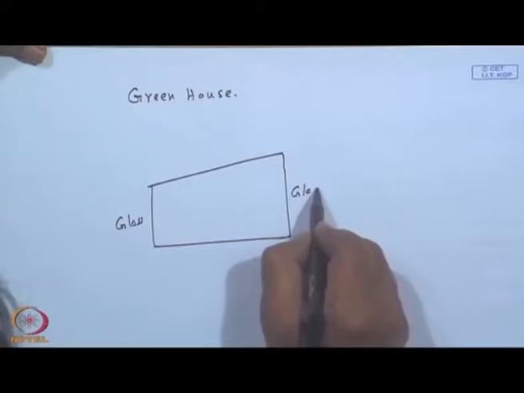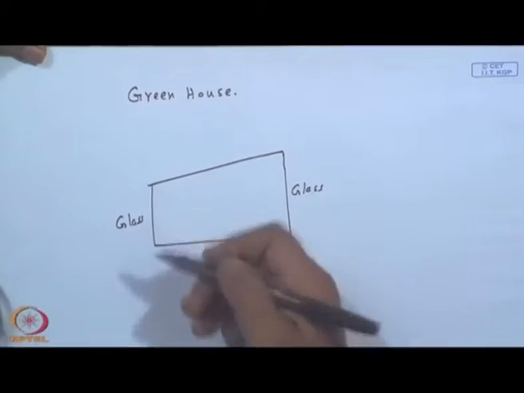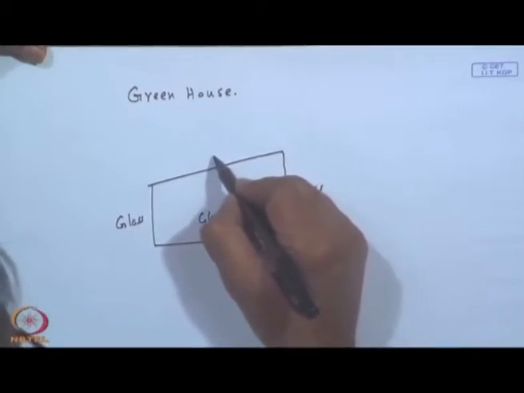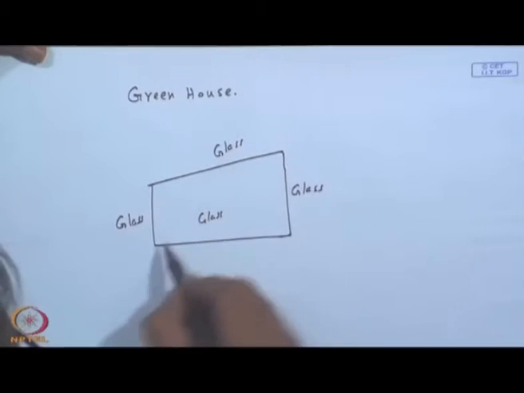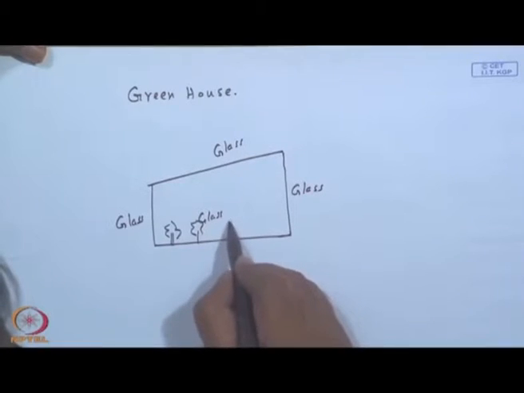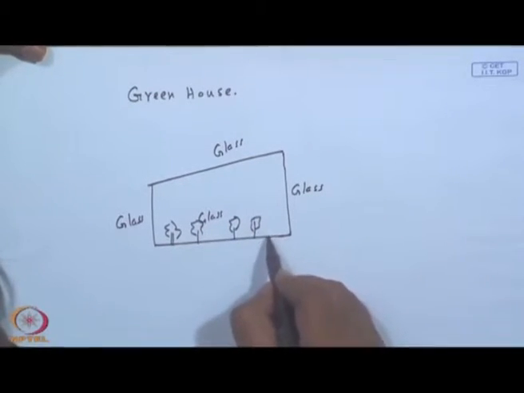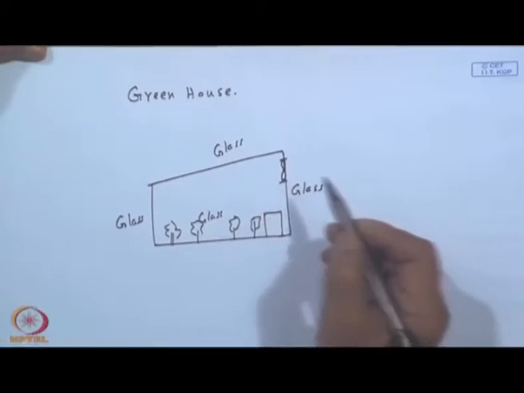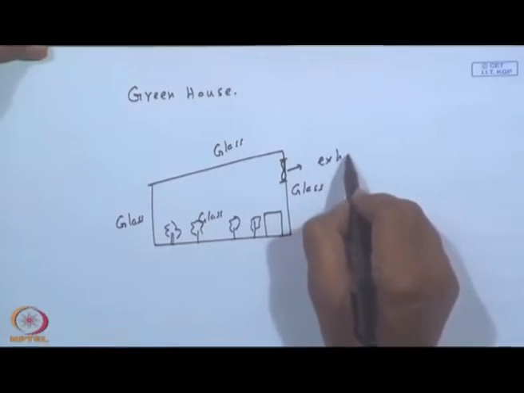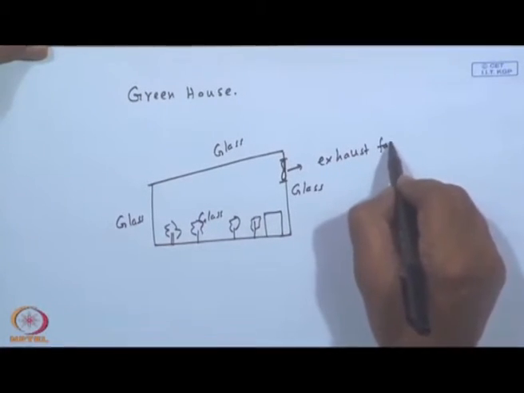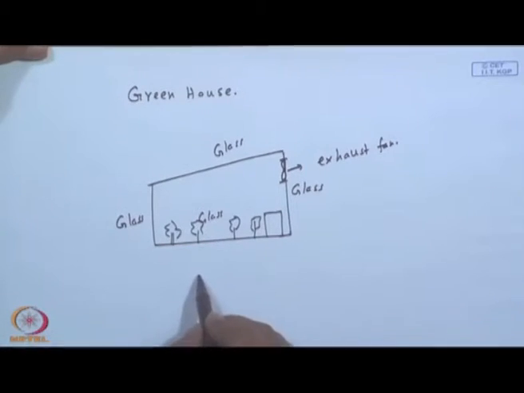This could be glass, and this again is glass, the back side also is glass, the top also is glass, and you may use it to preserve winter plants or a drum of water, and you may have a small exhaust fan to remove the humid hot air, right. Still this is a passive system.